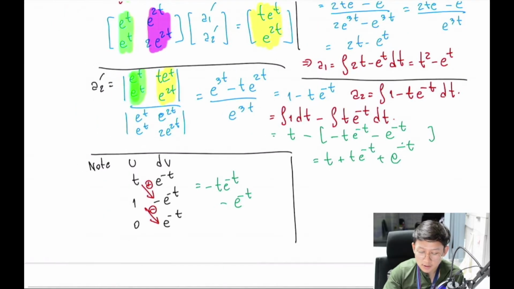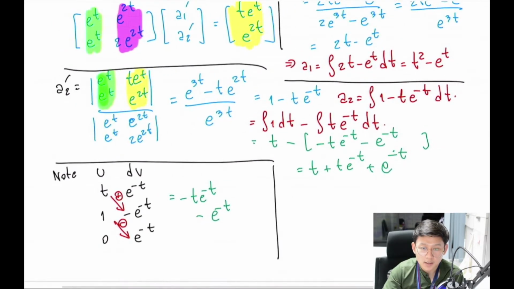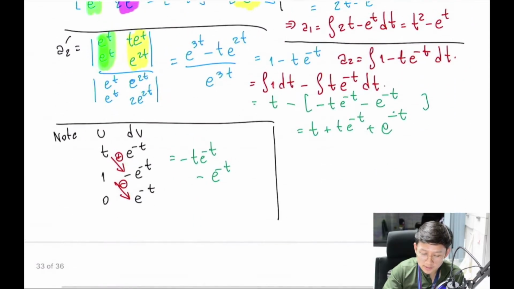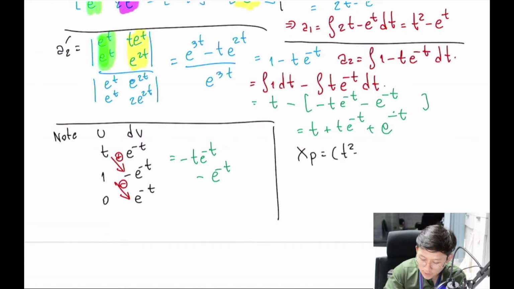So right now you obtain a1 and a2. So you can get the solution xp, which is a1 times t squared minus e to the t from here, a1.